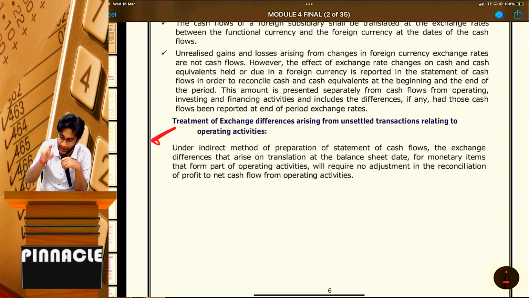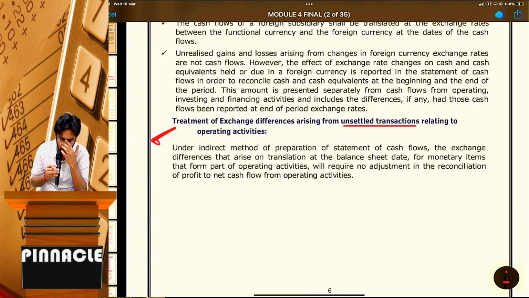Okay, one minute. Read the heading once. Treatment of exchange differences arising from unsettled transactions. Unsettled means credit purchase, amount not paid, or credit sale, amount not yet received. Exchange differences related to unsettled transactions are unrealized gains, but related to operating activities.